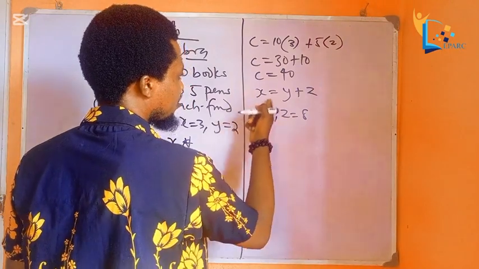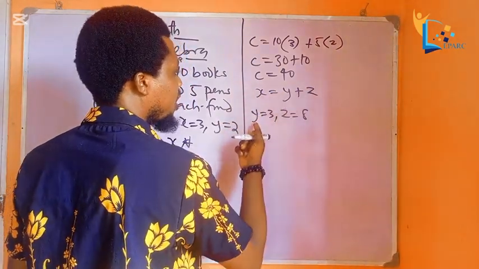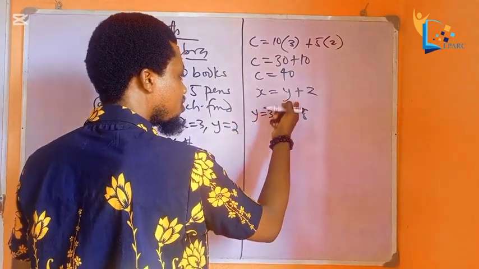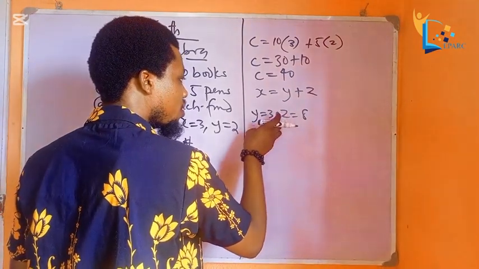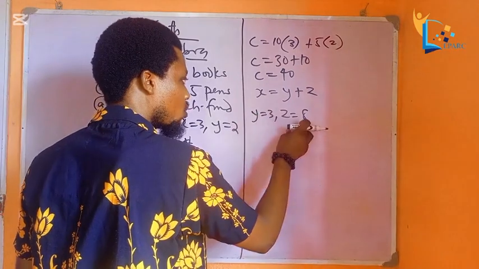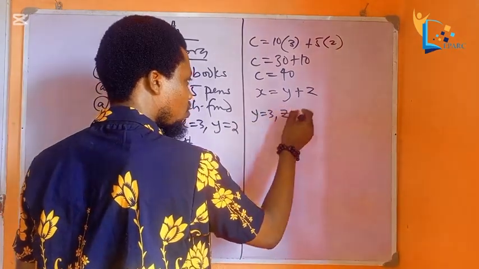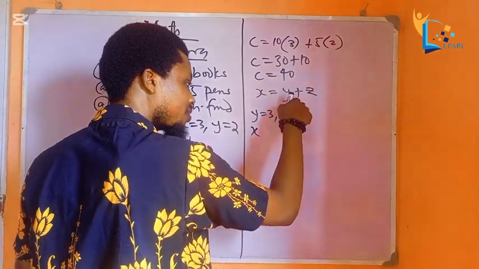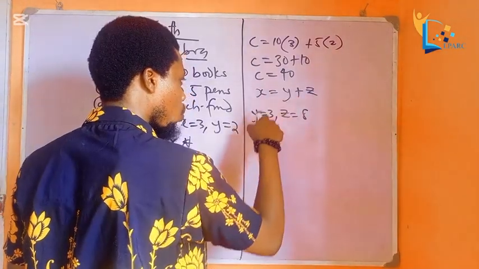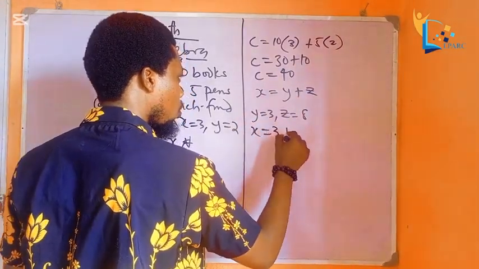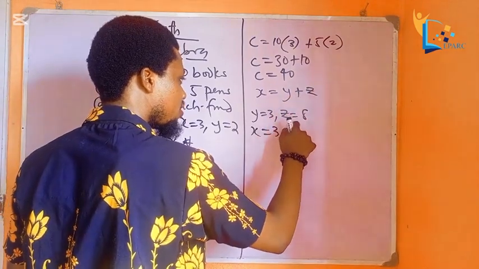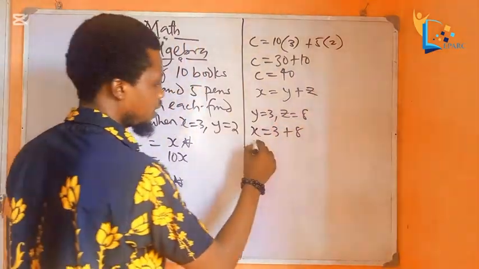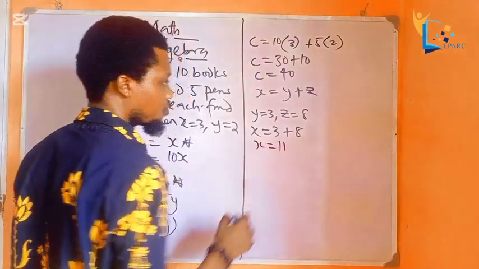We have been given the quantity for y and the quantity for z, so all we have to do is substitute these figures into the letters. So x will be equal to y, here is 3, plus z, here is 8. So x will now be equal to 3 plus 8, which is 11.